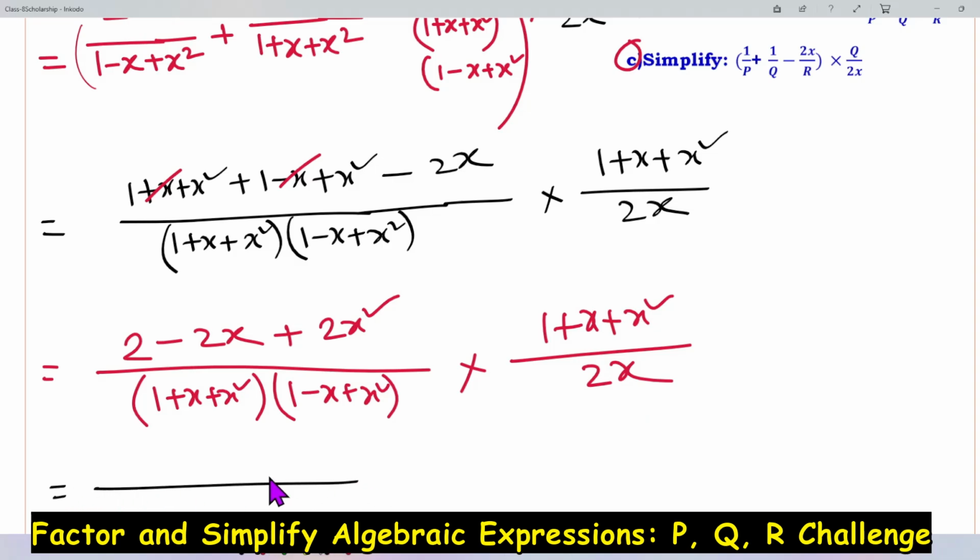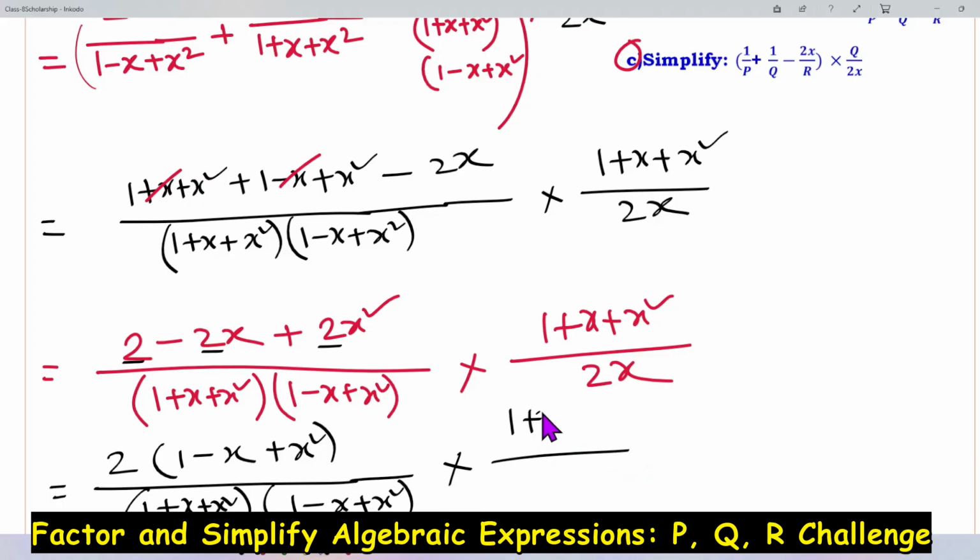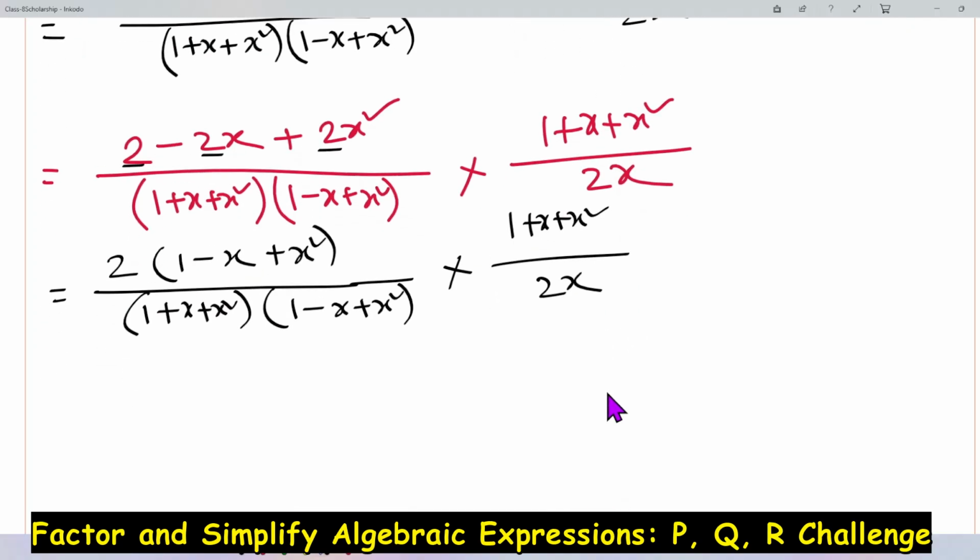Now here is an important thing. Here is 2, 2, 2. So we can take common 2. 1 minus x plus x square. Here is 1 plus x square times 1 minus x plus x square and here is times 1 plus x square divide to x.